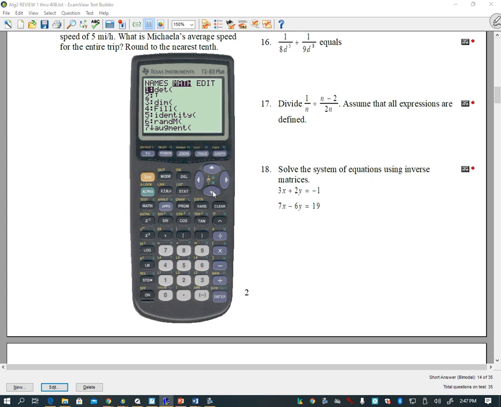Now what do I go down to? Good, RREF. Okay, do you know how to get back to the matrix? Okay, well you call Neo or Morpheus or one of those guys, but we're going to hit second matrix, and we're going to hit A here. Okay, we hit enter. So our answers are 1 and -2 for X and Y.